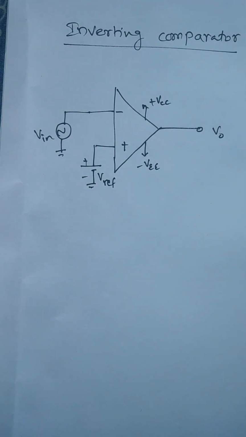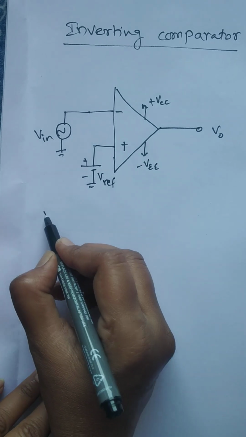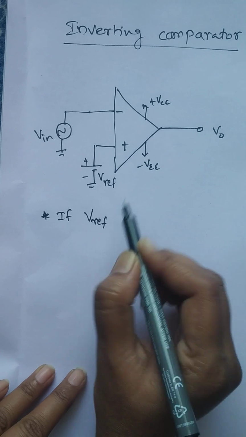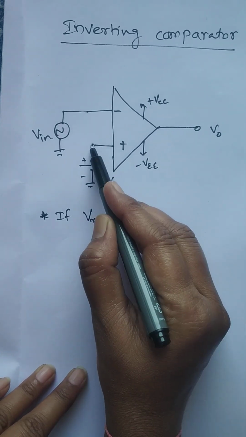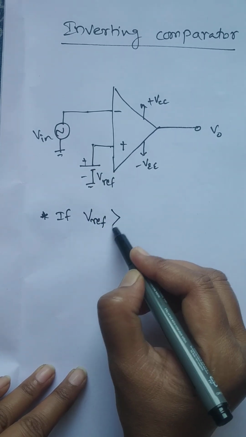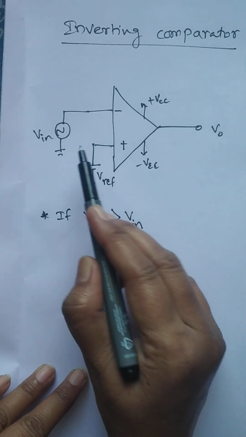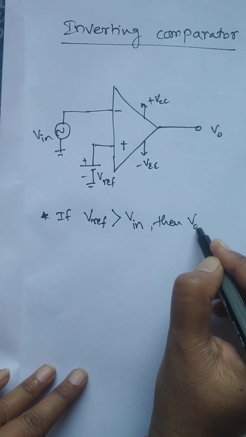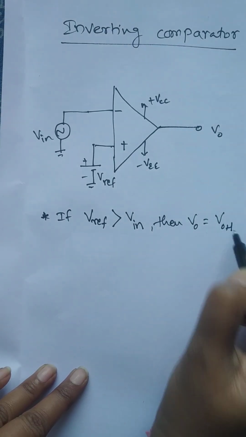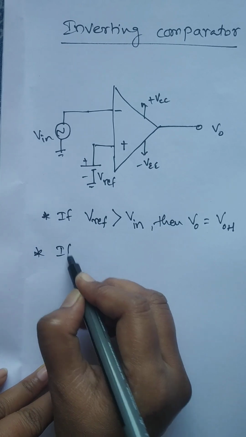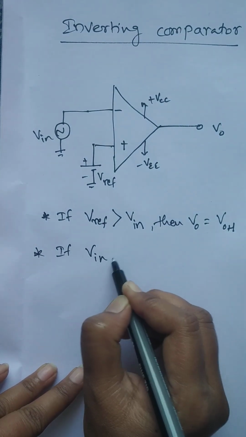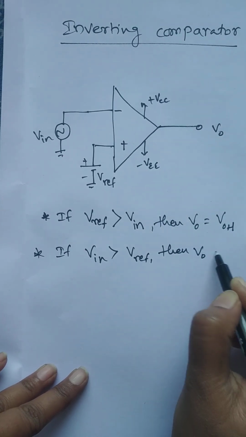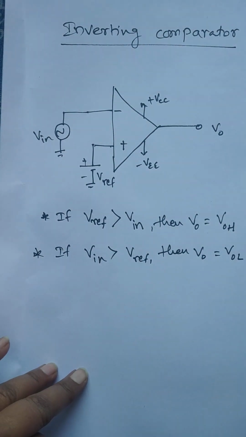So once again, the same logic applies. The working will be: if V reference, the voltage available at the non-inverting terminal, is larger than the voltage available at the inverting terminal, then V output produced will be high. And the opposite of that, if V input is larger than V reference, then V output produced will be low.